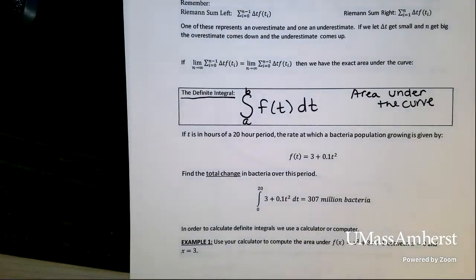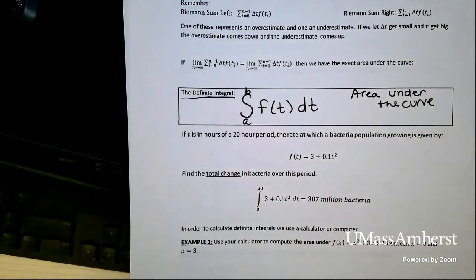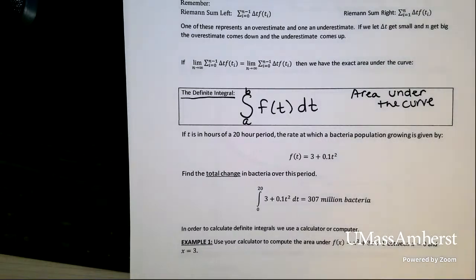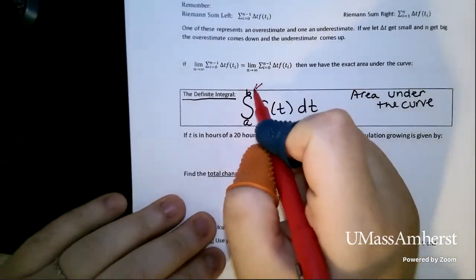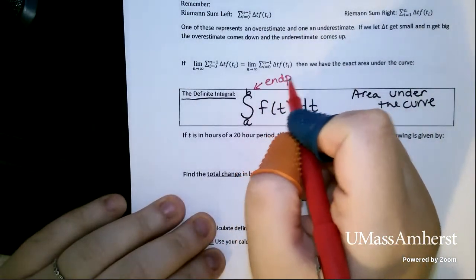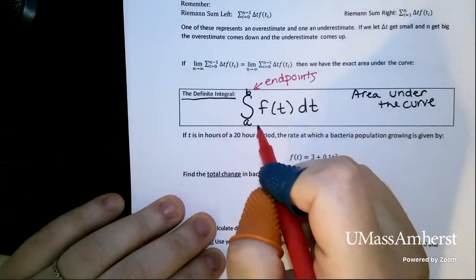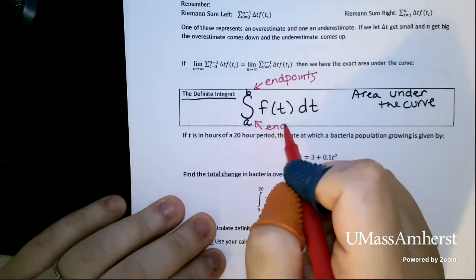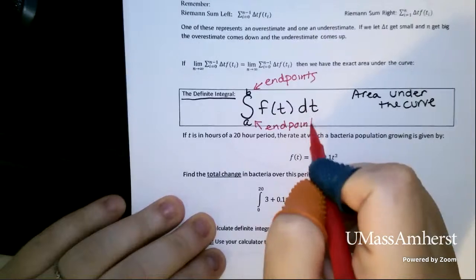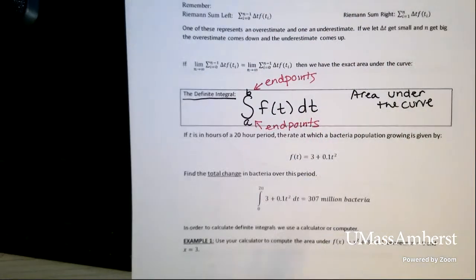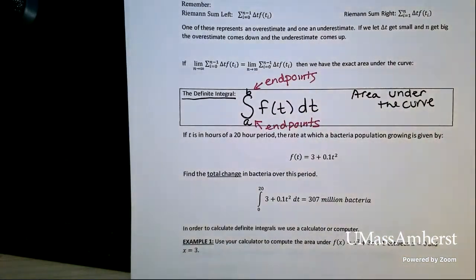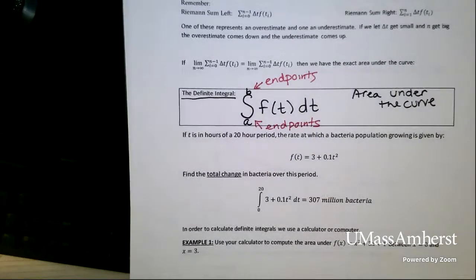So remember, we are measuring area under the curve to tell us how much the original function changes, right? So A and B are still our endpoints. Okay, so they tell us between what two independent values we are looking for this area.